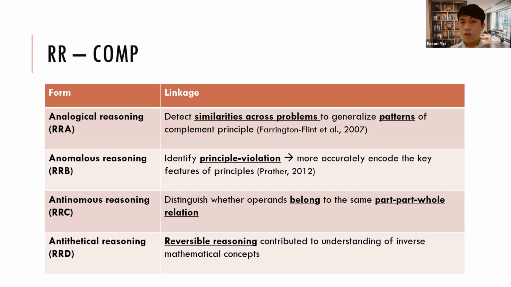As for the linkage between relational reasoning and complement understanding, here are some proposed linkages, but for the sake of time, I will not go into details about it. In short, reasoning skills about different relations can contribute to the acquisition of this important arithmetic principle.